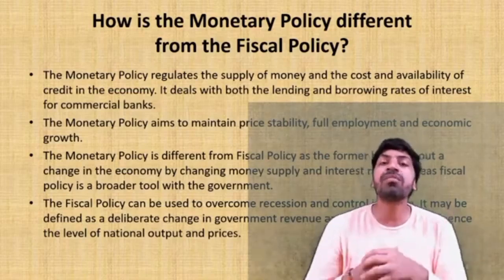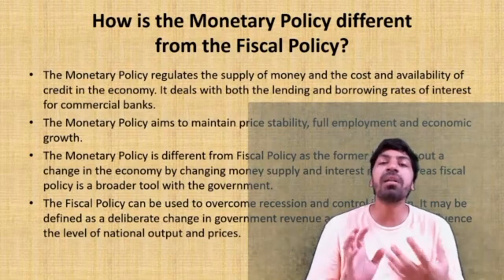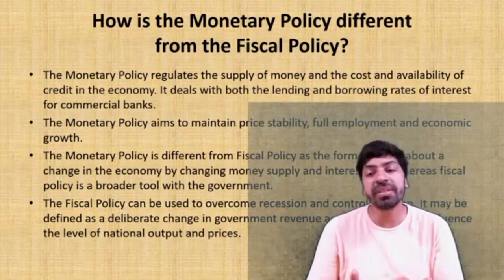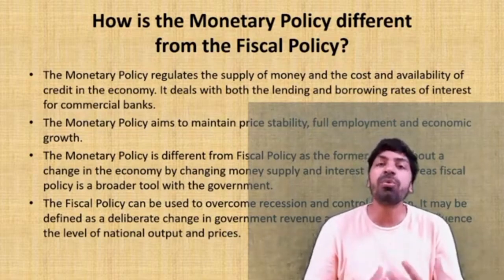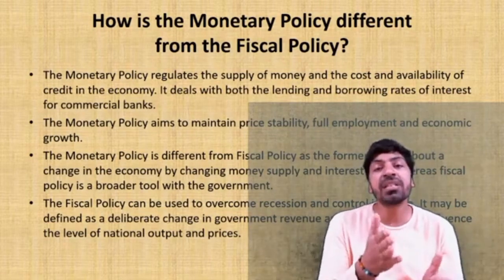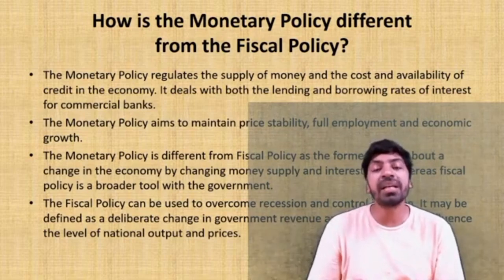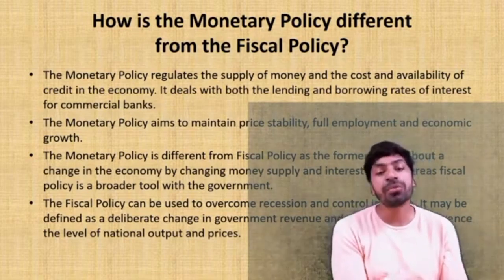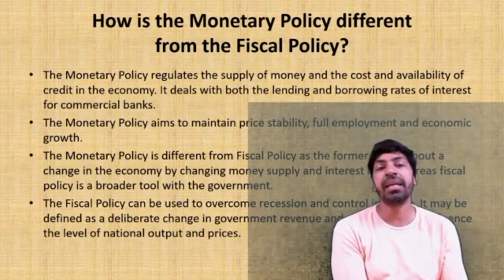Fiscal policy is used to remove recession and control the inflation situation. That means any change in government revenue and expenditure automatically influences national output and prices in the economy.